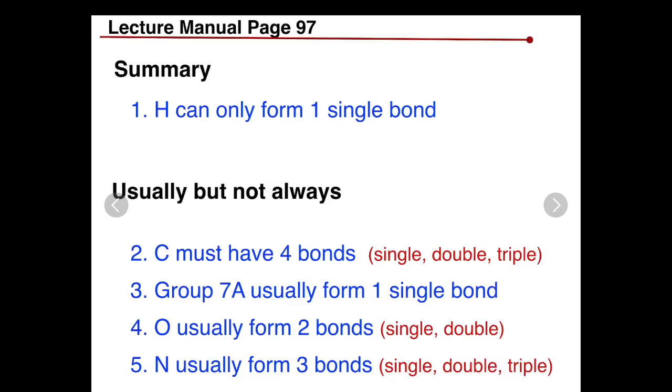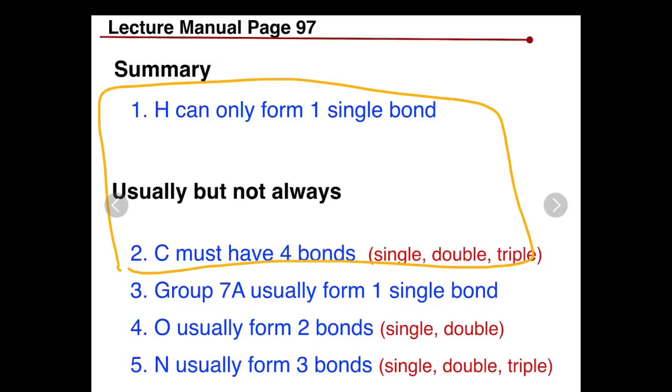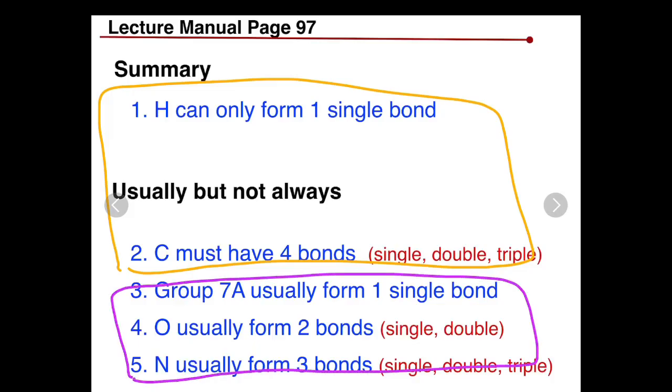Again, usually, but there are also exceptions that we're going to take a look at. Okay, so again, what you will need to know is that these are always true, but this one right here would have some exceptions that we will take a look at in future videos.